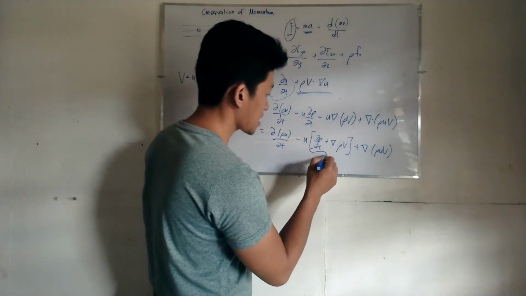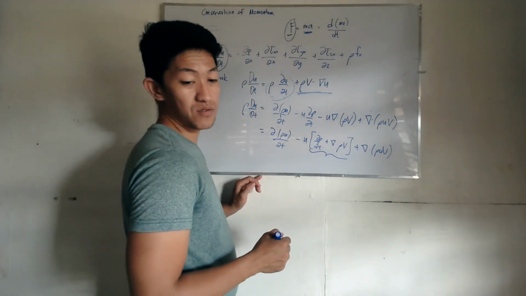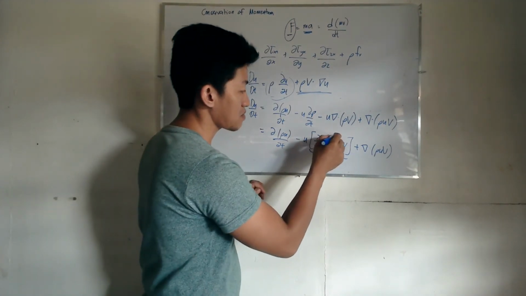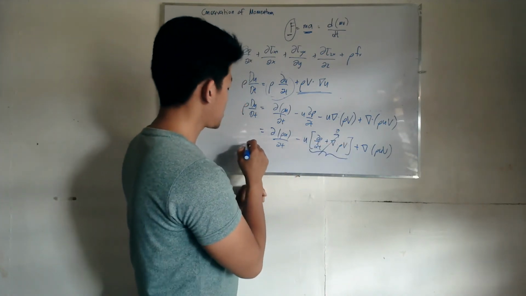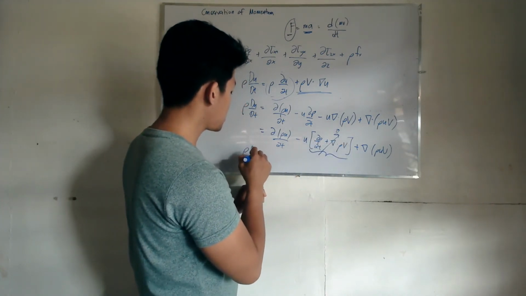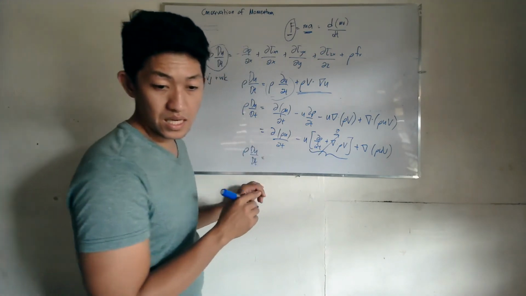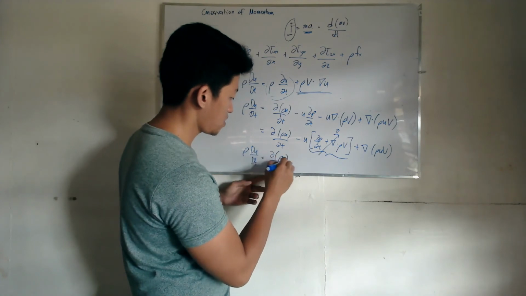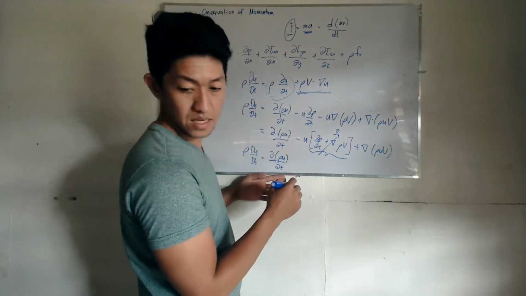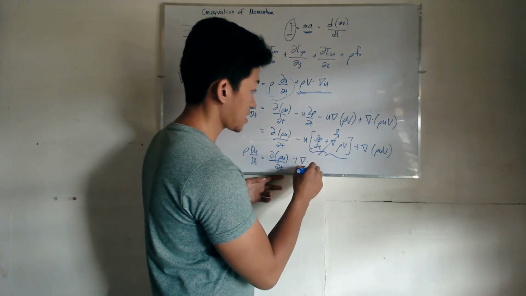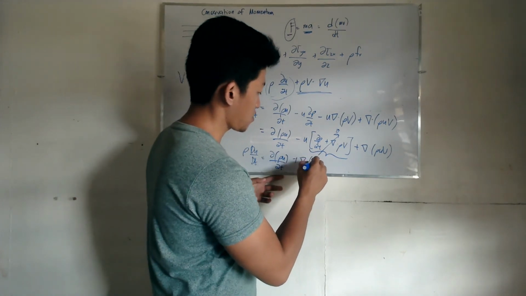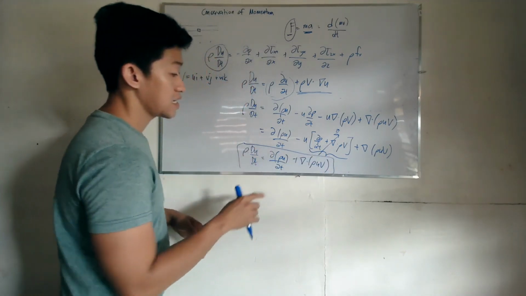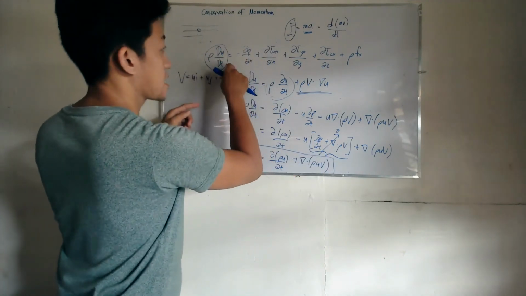Take note, this term is the continuity equation, and since we already derived it, this is equivalent to 0. So rho du dt is just partial of rho u partial of t plus del dot rho u b. That is also its value.